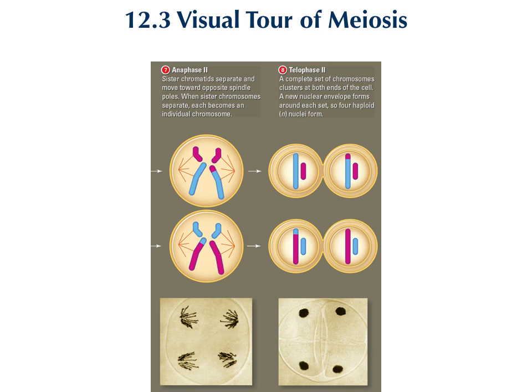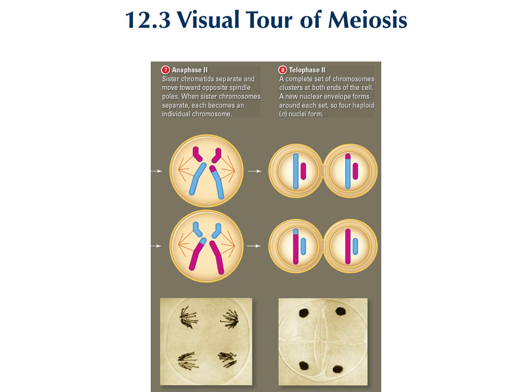What we see here at the bottom lower right hand picture is the result of meiosis II: the formation of those 4 unique cells. Each carries a new assortment of genes and chromosomes, each with half the number of the original chromosomes. So in summary, meiosis is a form of cell division that results in half the number of chromosomes in sex cells or gametes, thus maintaining the chromosome number of a species from generation to generation.